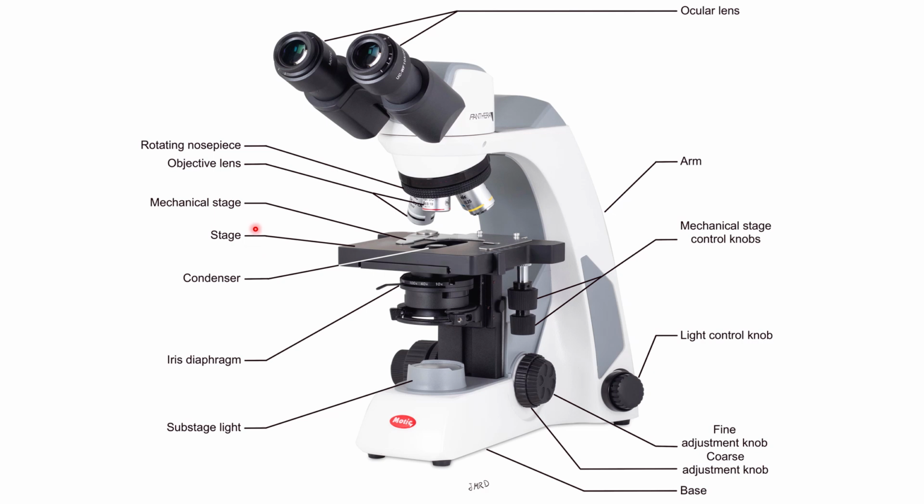When you're looking in the microscope, you're going to put your eyes up here to your ocular lenses, just like you're looking in a pair of binoculars. And you can adjust these to the width. So if your eyes are a little bit further spaced, you can open them up. If they're a little closer spaced, you can push them together. And you want to have both eyes open. It's very difficult, I know, but you want to have both eyes open when you're looking through the microscope.